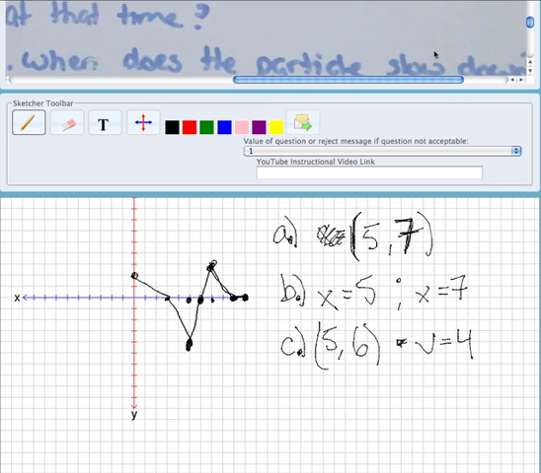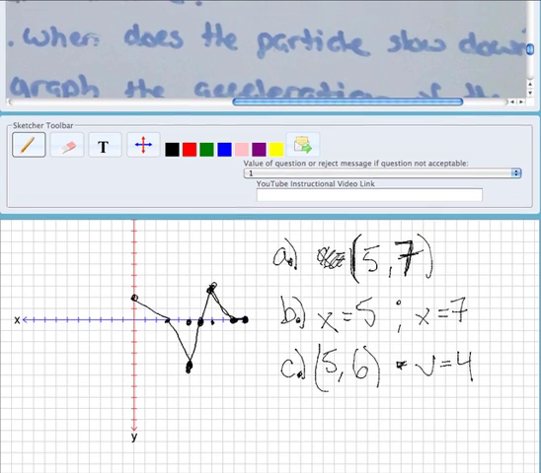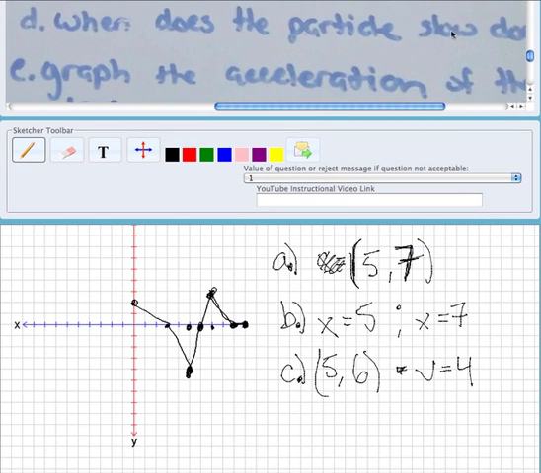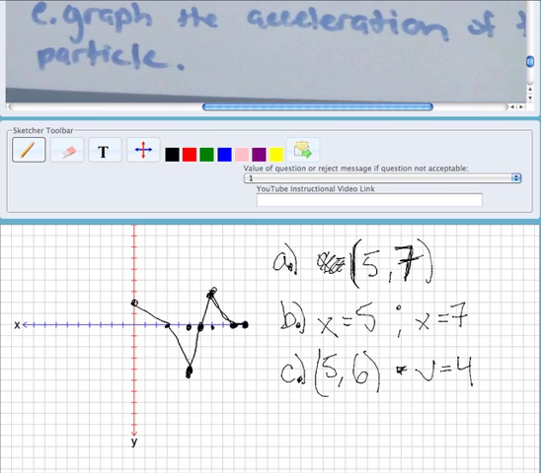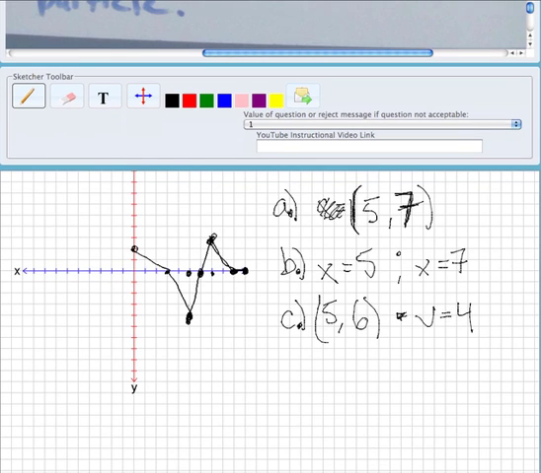Okay? And then when does the particle slow down? Graph the acceleration of the particle. Okay, well, this one's going to be a little bit difficult because there's not really a graph of the acceleration.